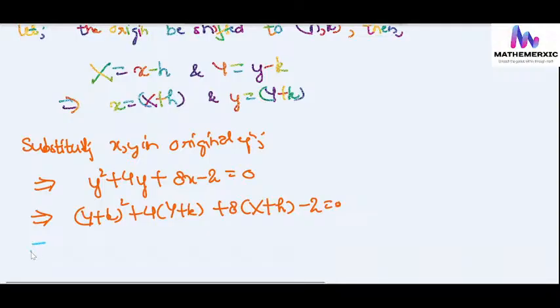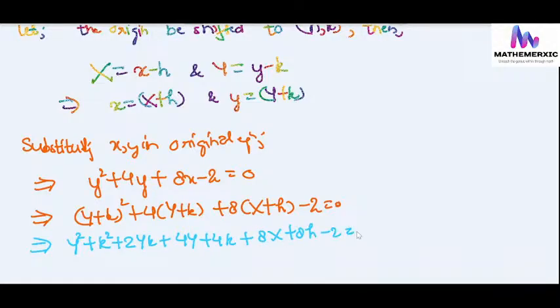Okay, that is expanded, so it is capital Y square plus k square plus twice of Yk, 4Y, 4k, 8X plus 8h minus 2 is equal to 0.